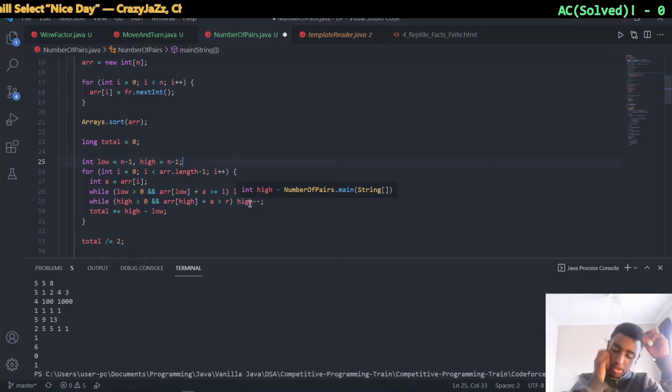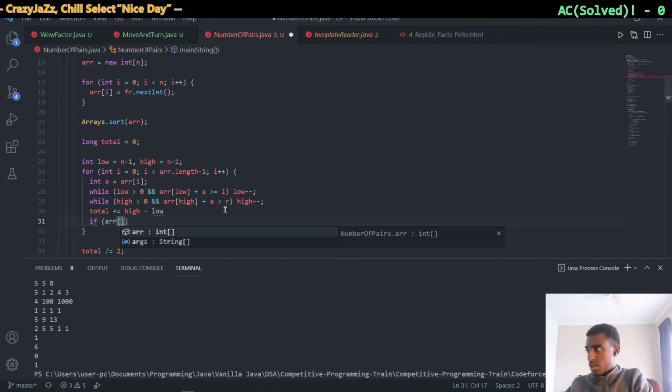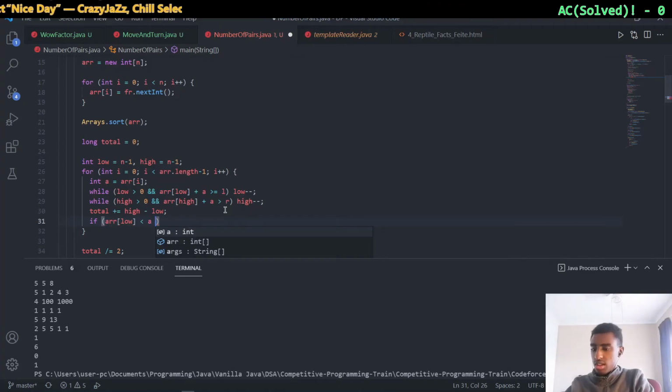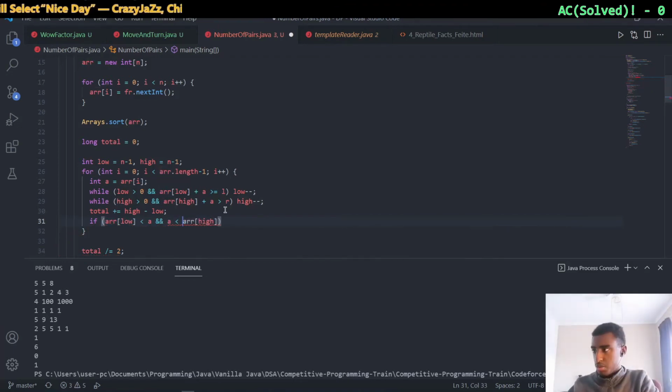Oh, so I understand what that statement was for now. Okay. So then if R smaller than A and A is smaller than R high, then we know that we've made a pair with the same number.